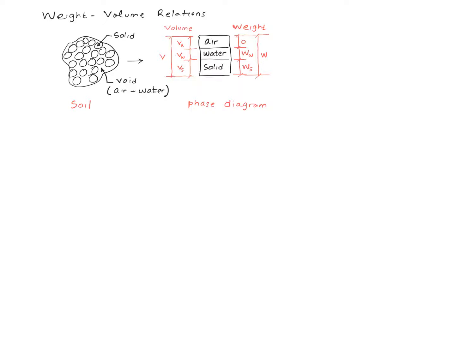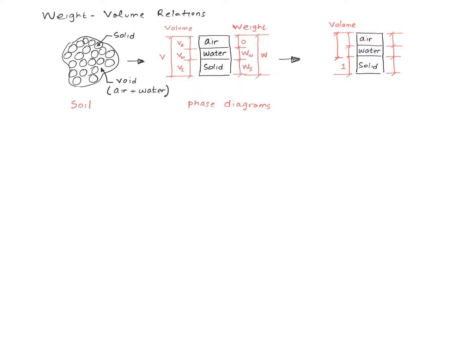Obviously we are neglecting the weight of air. Weight of water is W sub W. Weight of solid is W sub S. Total weight is W. It turns out that the derivation of weight-volume relations becomes a lot easier if I assume that the volume of solid is 1.